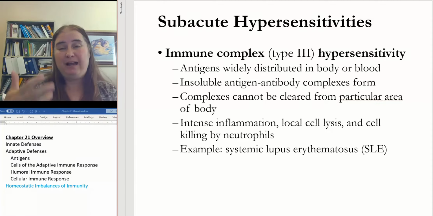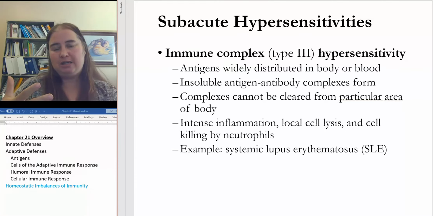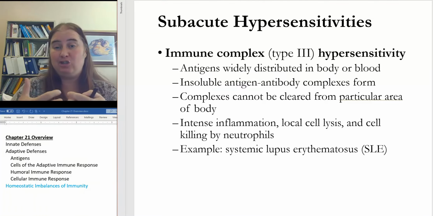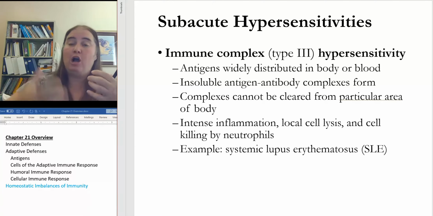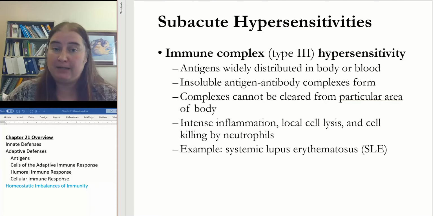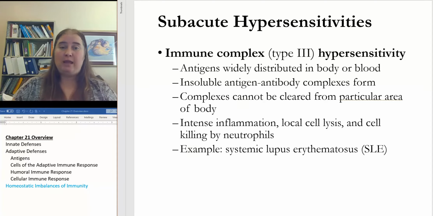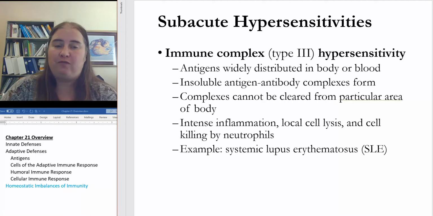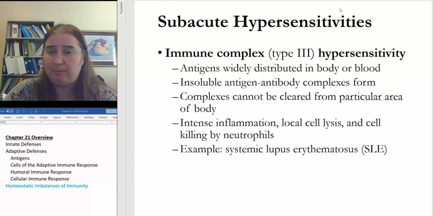And when they deposit themselves in our tissues, they essentially elicit an immune response to that area within the body, the tissues within the body that those complexes have actually deposited in. Okay, so it ends up causing kind of localized inflammatory responses where you get cell death and that type of thing. So, for example, lupus is a perfect example of an immune complex hypersensitivity.